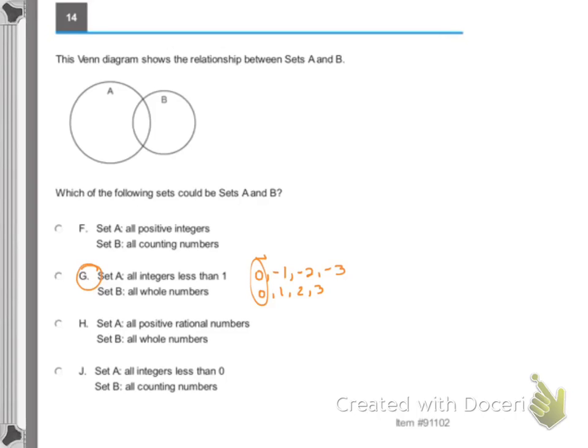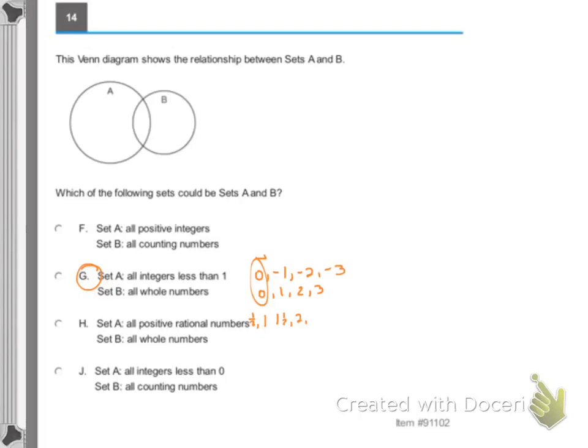Okay, let's just look at H and J, so we can figure out why those wouldn't work. Set A is all positive rational numbers and set B is all whole numbers. Okay, so we're talking positive rational. That's a whole bunch of fractions as well. All positive rationals. That would be like 1, or we could even start like 1/2, 1, 1 and 1/2, 2.